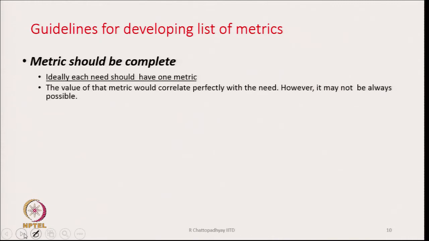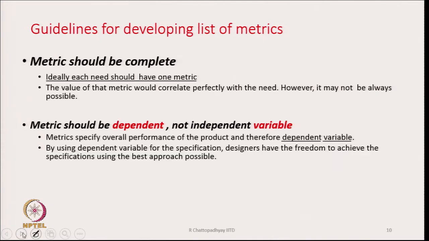So, guidelines for developing a list of metrics. First of all, metrics should be complete. That is, ideally each need should have at least one metric. The value of that metric would correlate perfectly with the need. However, it may not be always possible.